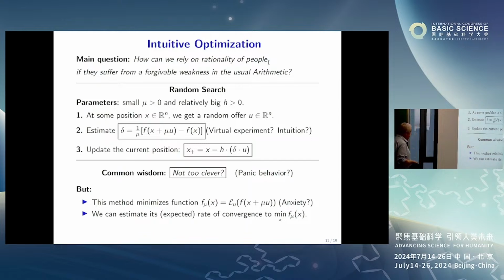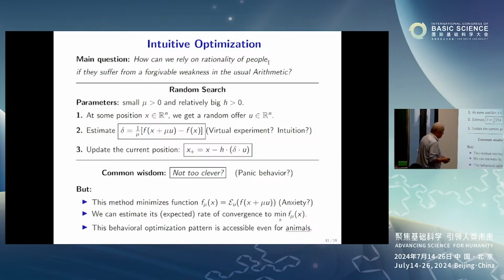So in terms of, actually, this is on the level of feeling, intuition. Sure, it can be implemented if it is accessible.